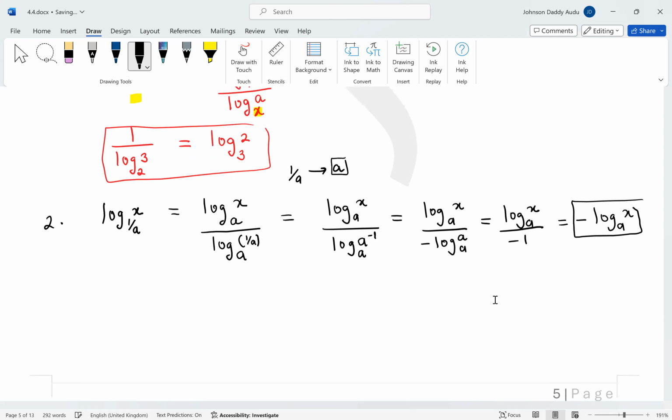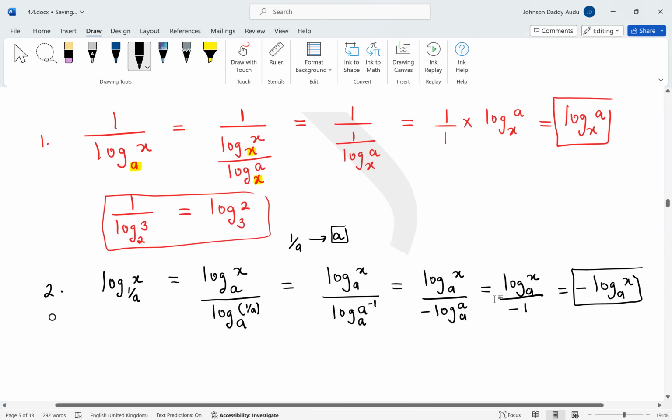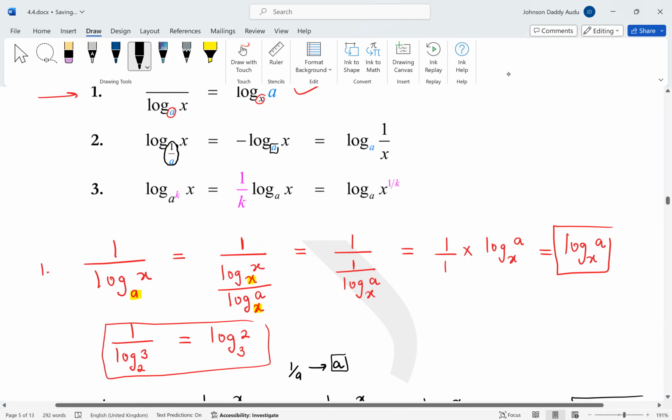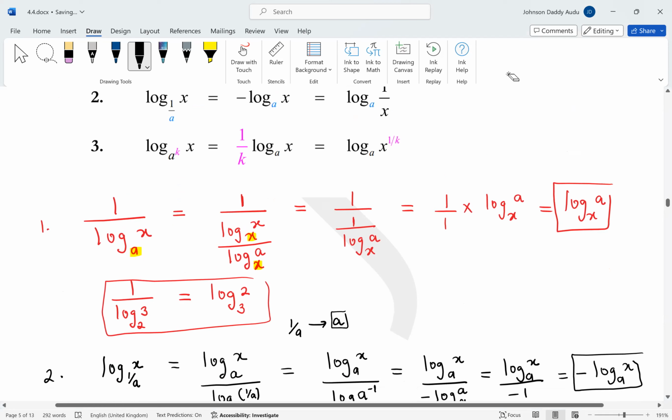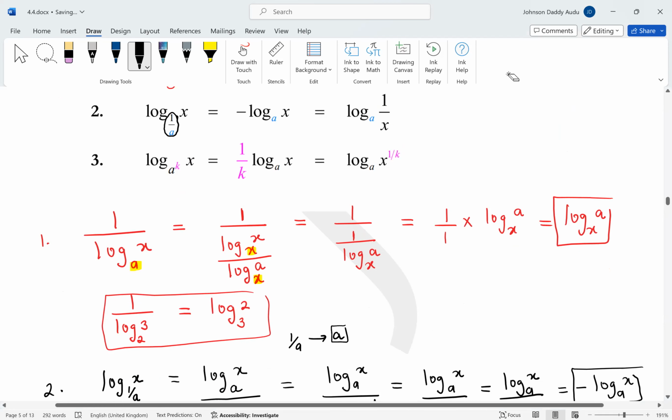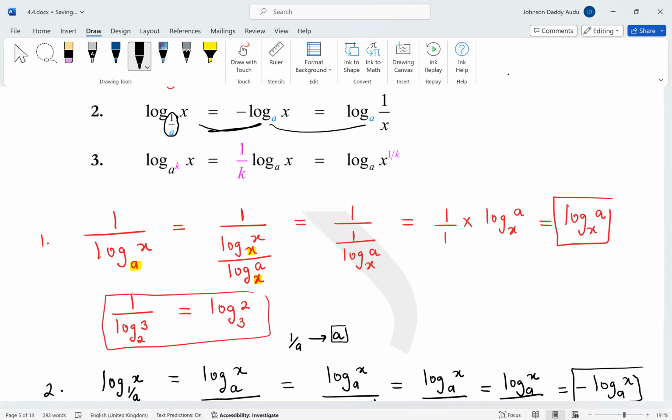So here, if you look clearly, this is the second part. So it means now we have shown from here to here. But you can also move from here to here. All you need to do is to take this minus 1 up.